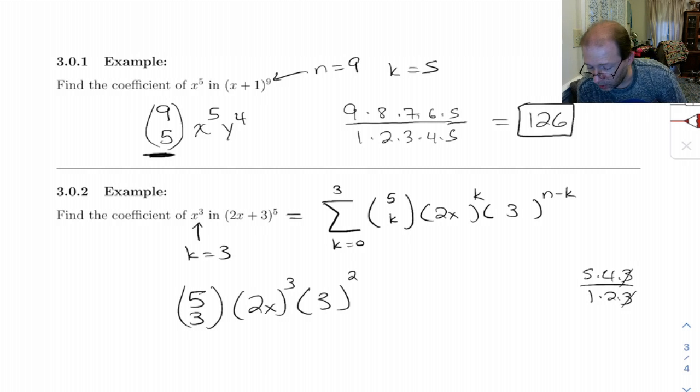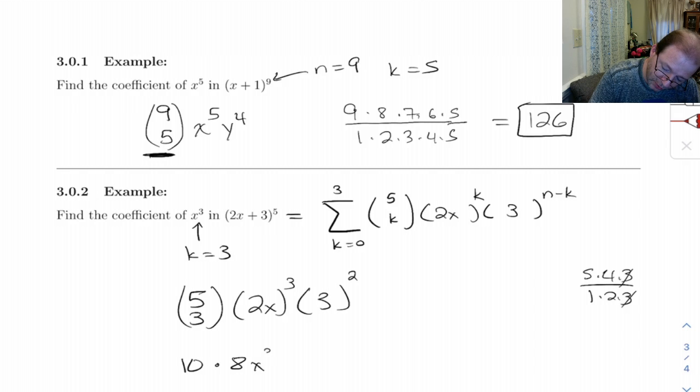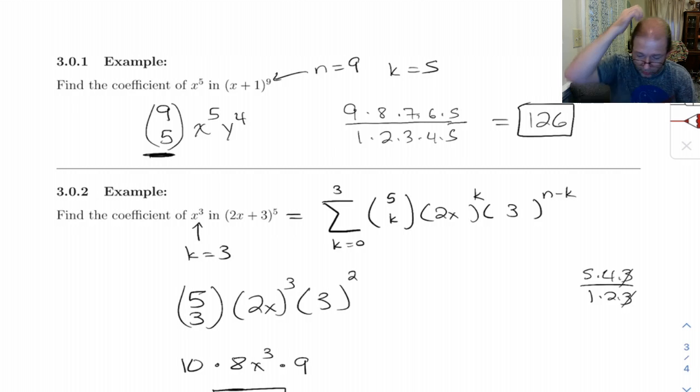So what is that, 10? 2 cubed is 8, so 8x cubed, and 3 squared is 9. So 9 times 8 is 72, times 10 is 720. So the coefficient of x cubed in that is 720.